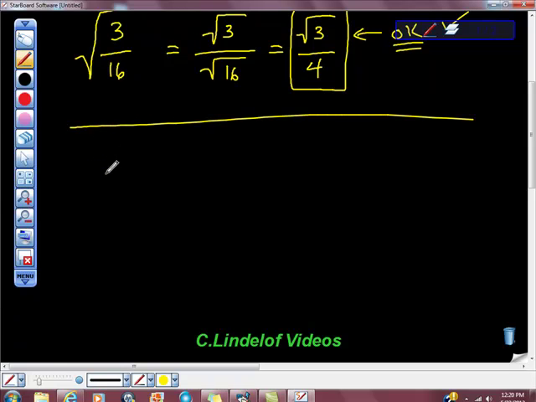Our answer comes out to be 2 over the square root of 3. Well, 2 over the square root of 3 is a number, but it's not okay. So we have to make a note to ourselves. Not okay. That is to say, we are not allowed in the final analysis, in our final answer, to have a radical in the denominator, especially in this case when it's so easy to clean up. So how would you clean this mess up?